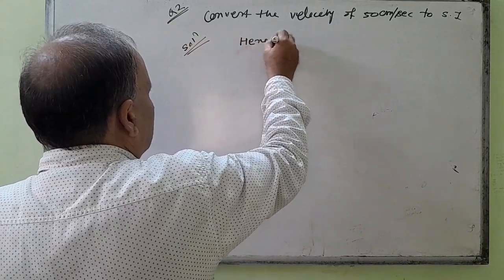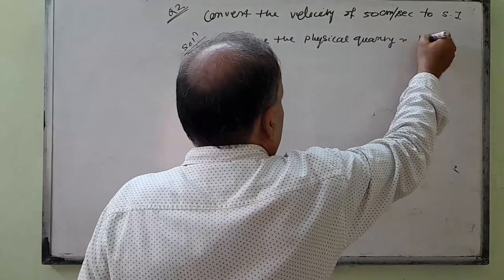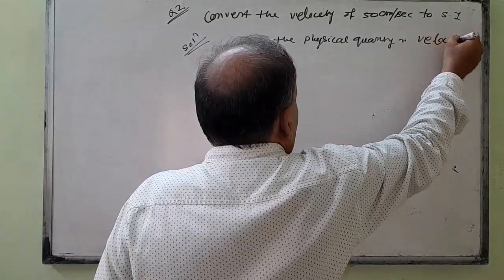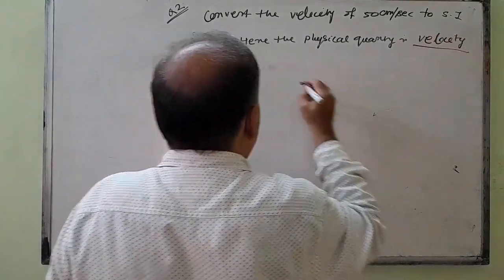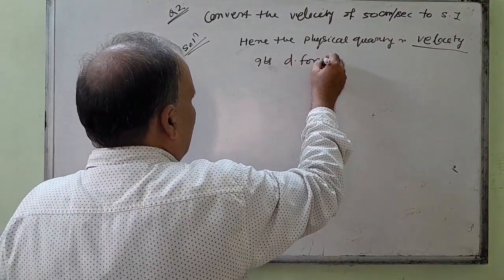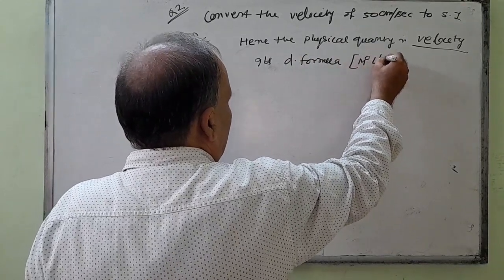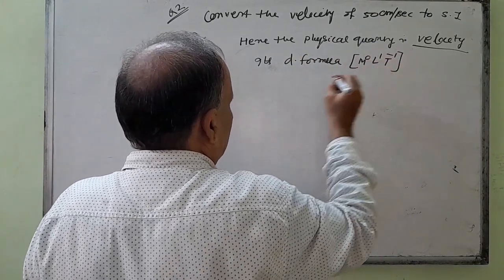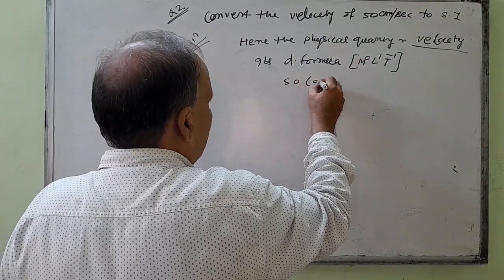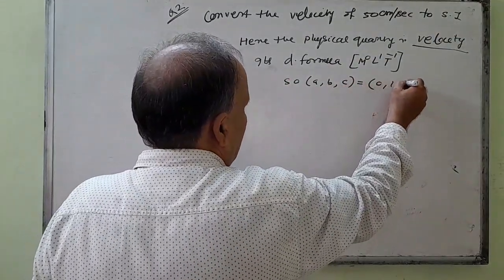Here the physical quantity is velocity. You remember, its dimensional formula is equal to M0 L1 T to the power minus 1. So, A, B, C are 0, 1, minus 1.